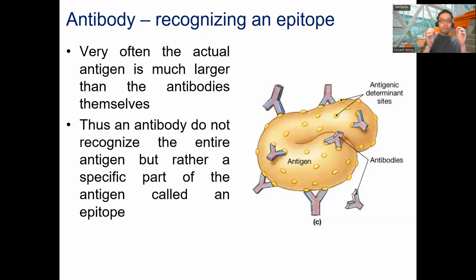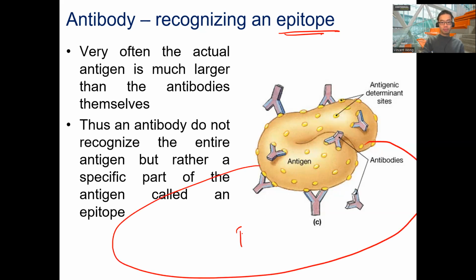So in terms of coming up with antibodies, you want to create antibodies that would recognize some of these unique features, okay? These unique features are what we call the epitopes that are on the antigen. So this is the antigen which is on the bacteria. This is not to scale, by the way.